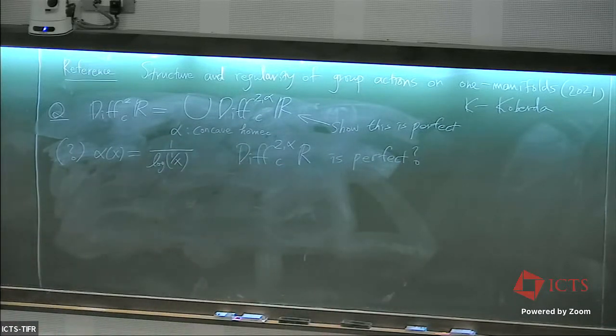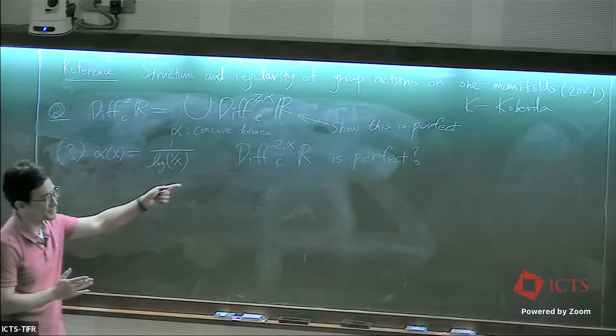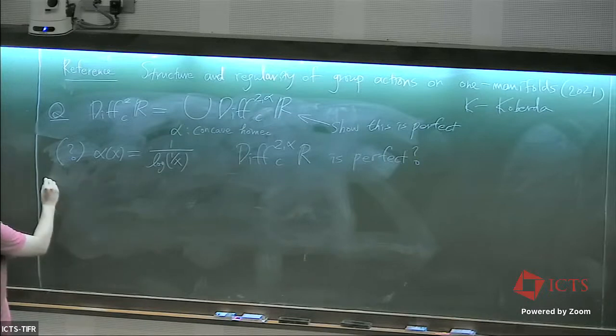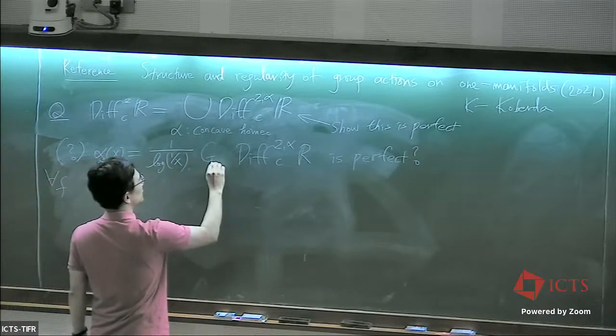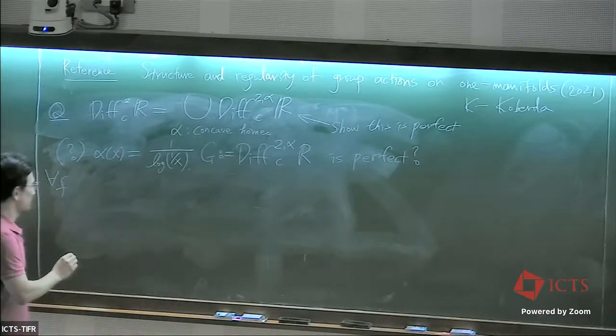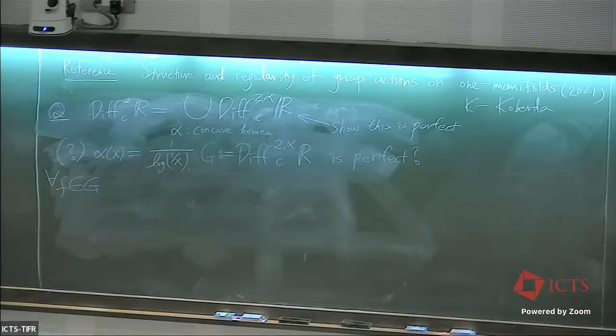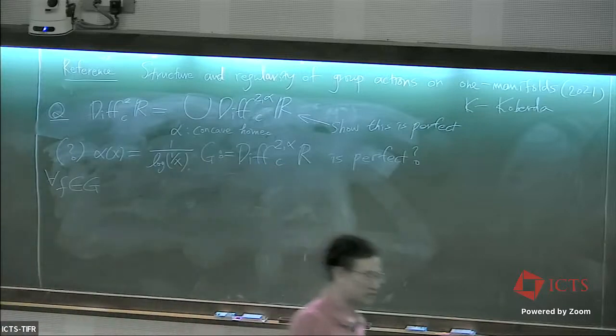And let me, probably in 5 more minutes, follow Mather's proof, trying to show that this is perfect, and show you where it fails. So the approach is as follows. Consider any F in the group. Let's call this G. You may assume that G is very near the identity, because any identity neighborhood will generate the group.